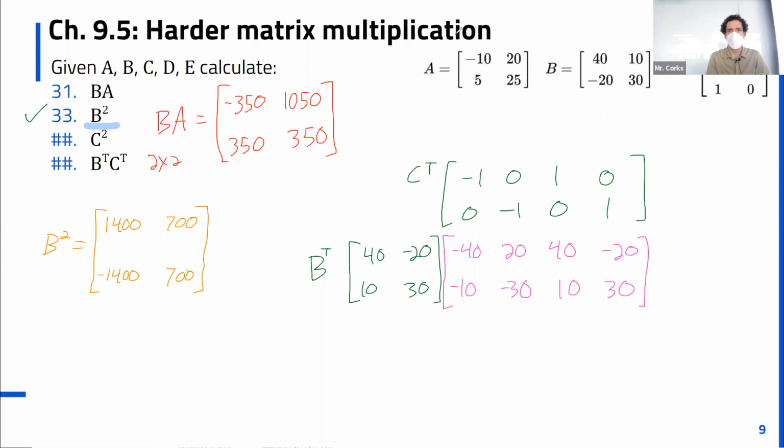Is anyone seeing anything here? What do you see? It's just hard to describe.